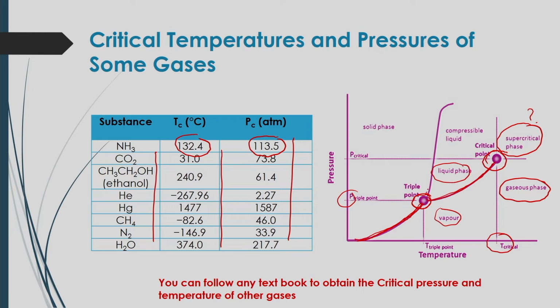And this line gives the equilibrium between solid and liquid. In this way, at different pressures and temperatures, substances can be changed into different forms just by changing their temperature and pressure.